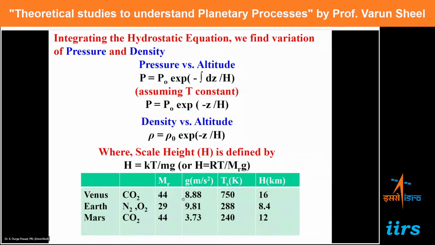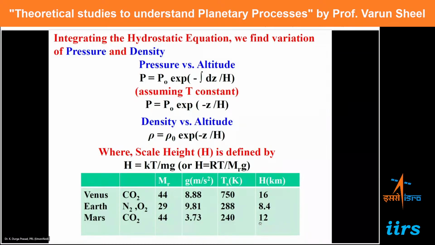Under these conditions, if we put it into the hydrostatic equation, we get a scale height of 16 kilometers. Whereas on Earth, where the dominant gases are nitrogen and oxygen, whose mass is 29, and gravity is 9.81, the temperature is taken as around 290 K, so your scale height is 8 kilometers. Whereas on Mars, if you put in the same thing, you get 12 kilometers.